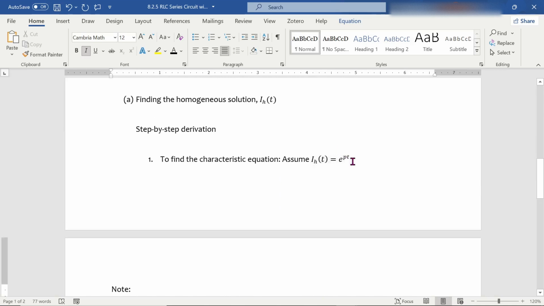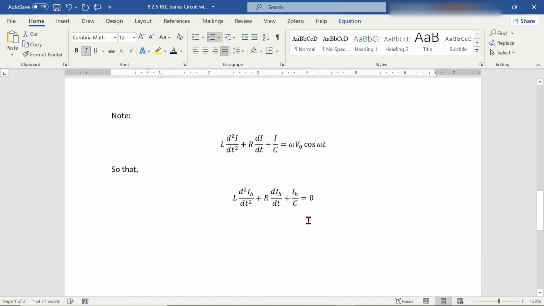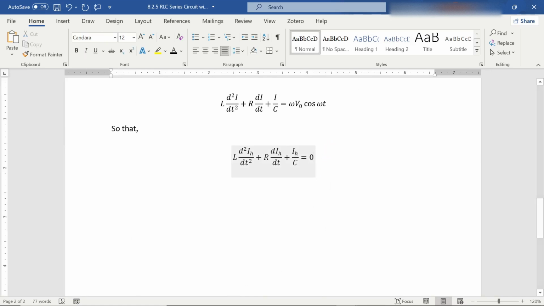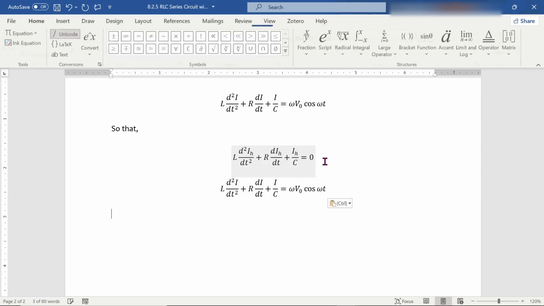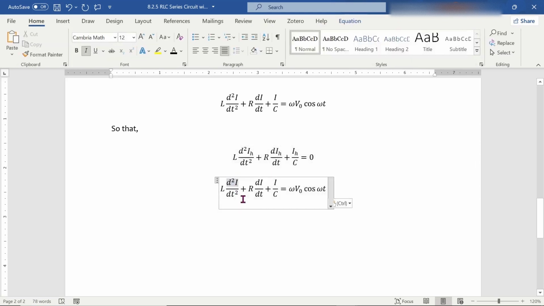That is, IH is equal to e to the pt. So we have L times the second derivative of IH, that's simply p squared e to the pt, right? And then for the first derivative, we have R times p times e to the pt, and then 1 over C times e to the pt.